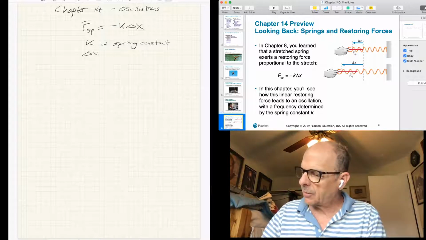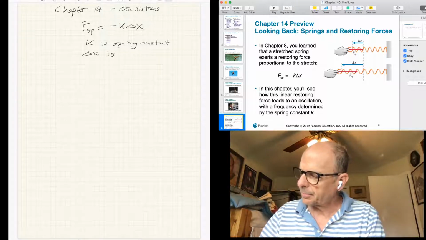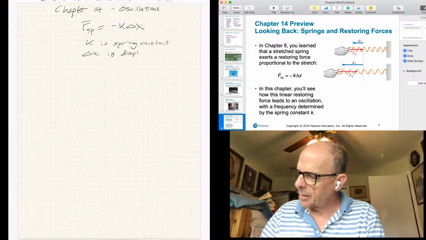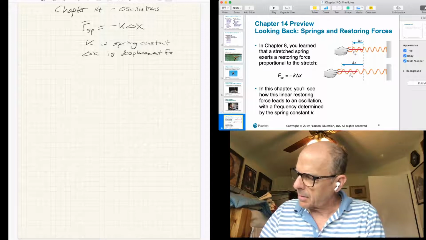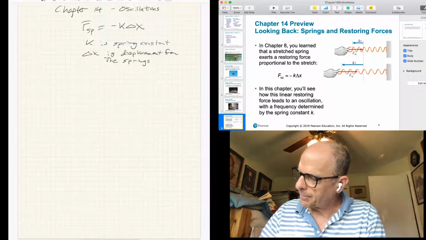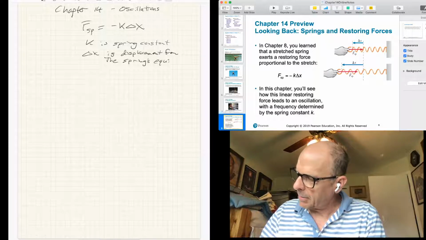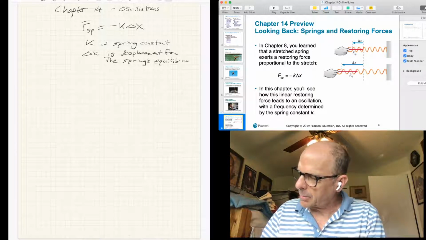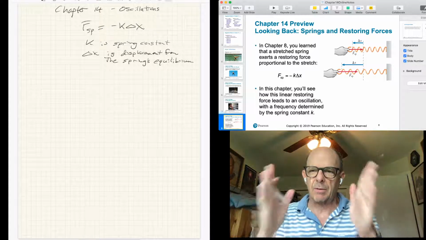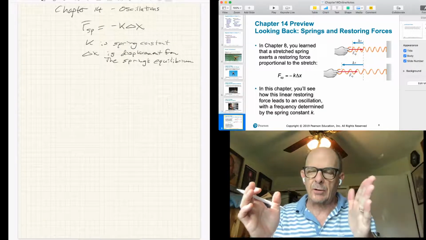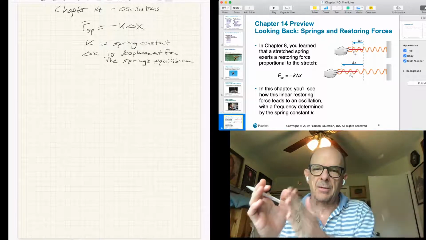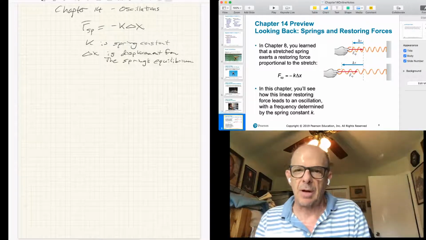And delta x is the displacement from the spring's equilibrium position. So you just take a spring, you don't do anything with it, it's got a length. Then if I stretch it or compress it, the amount that I'm stretching it or compressing it is delta x.